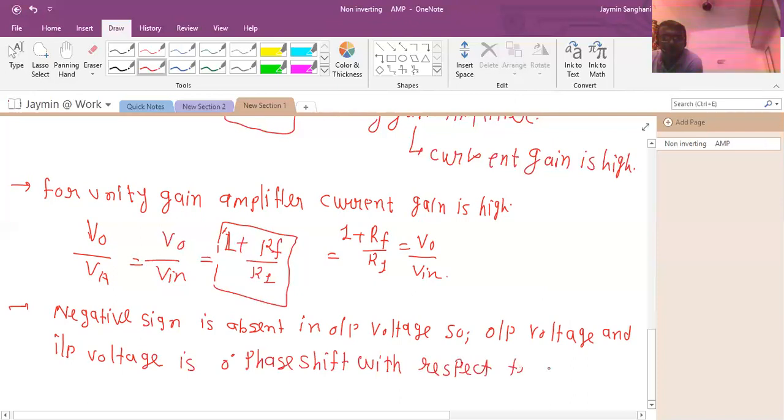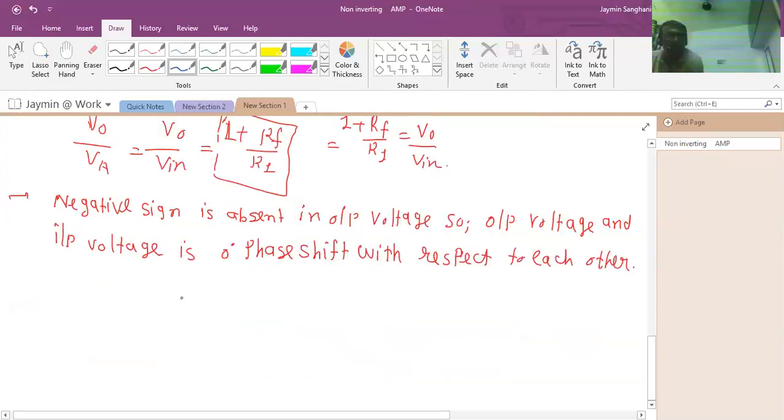With respect to each other. So we can sketch the output waveform.